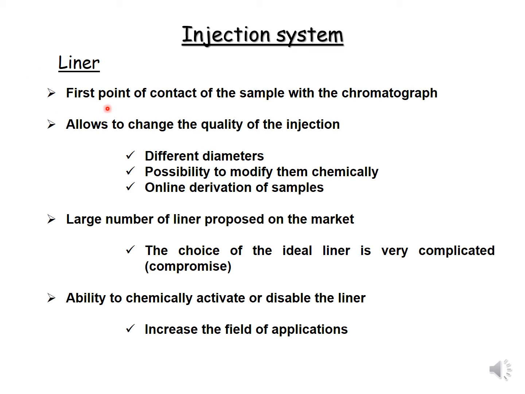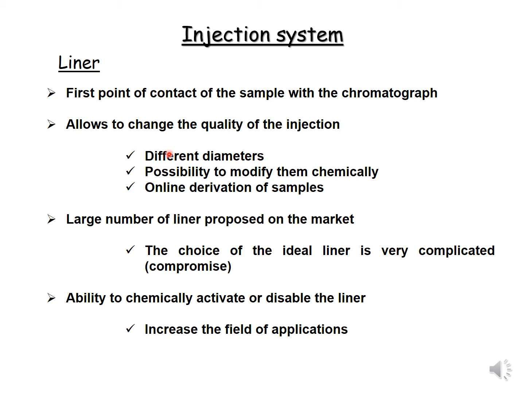This is the first point of contact of the sample with the chromatograph, and it allows the vaporization of the sample in this liner before the injection in the column. It allows you to change the quality of the injection. There are different properties of the liner.